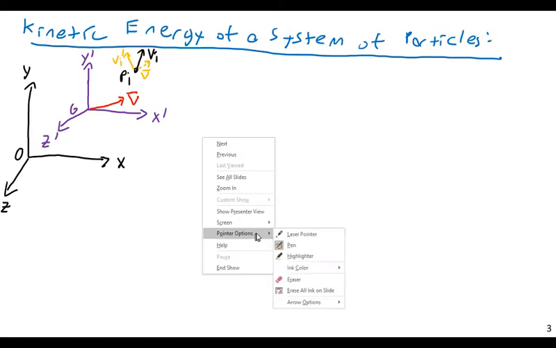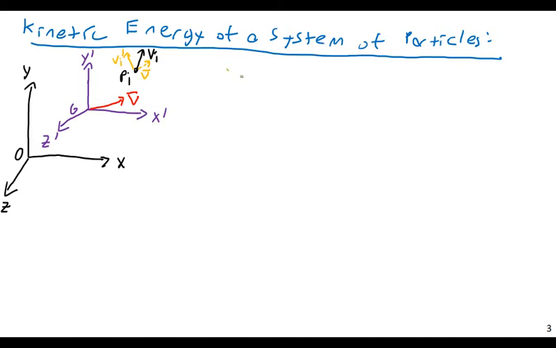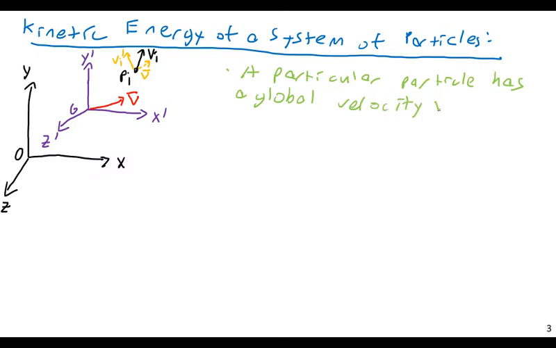So let me annotate this a bit. A particular particle has a global velocity in the global coordinate system, vi.